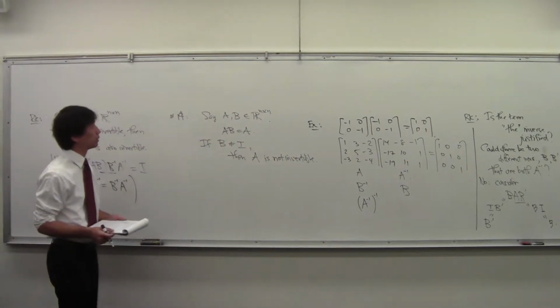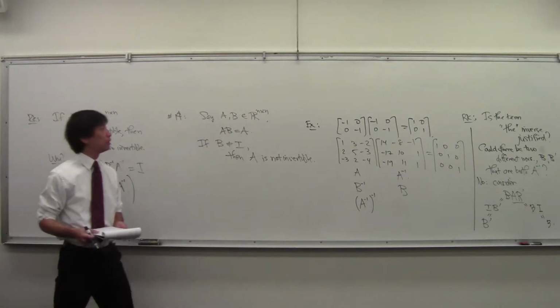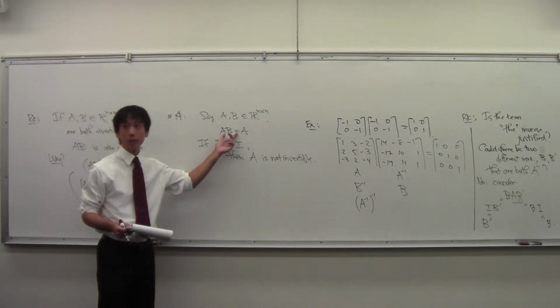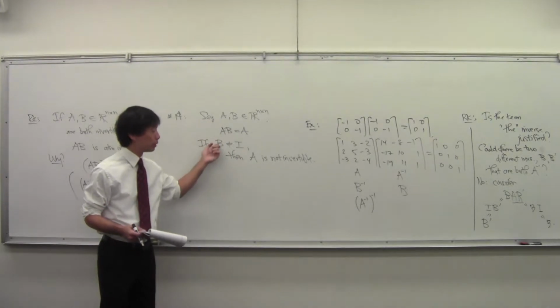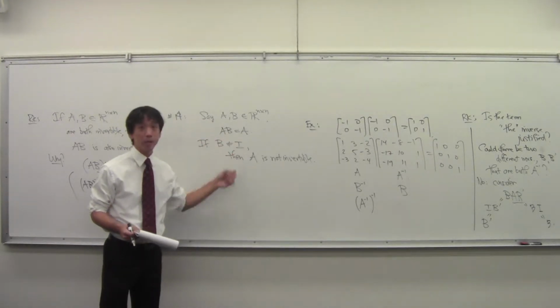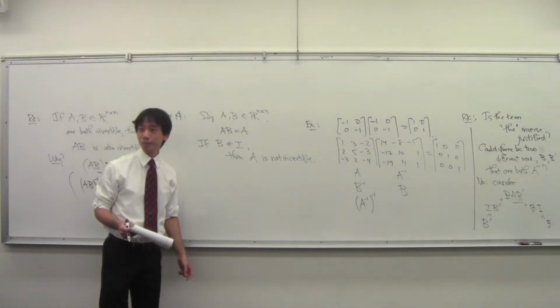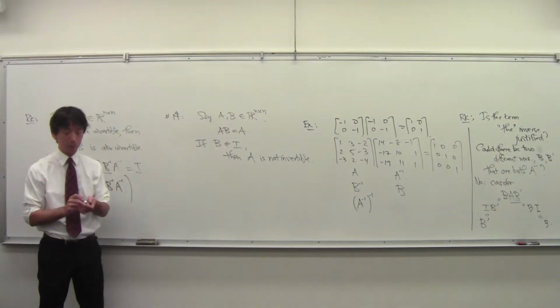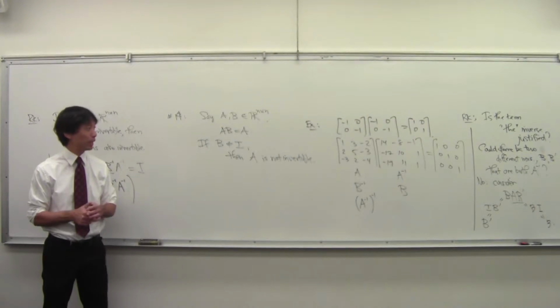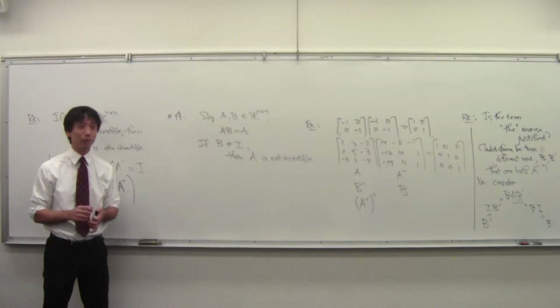So you know that AB equals A, but B is not the identity matrix, and you want to explain why that forces A to be a non-invertible matrix. So think about that for a minute or two, and see if you can come up with an argument explaining why A could not be invertible, or has to be non-invertible.